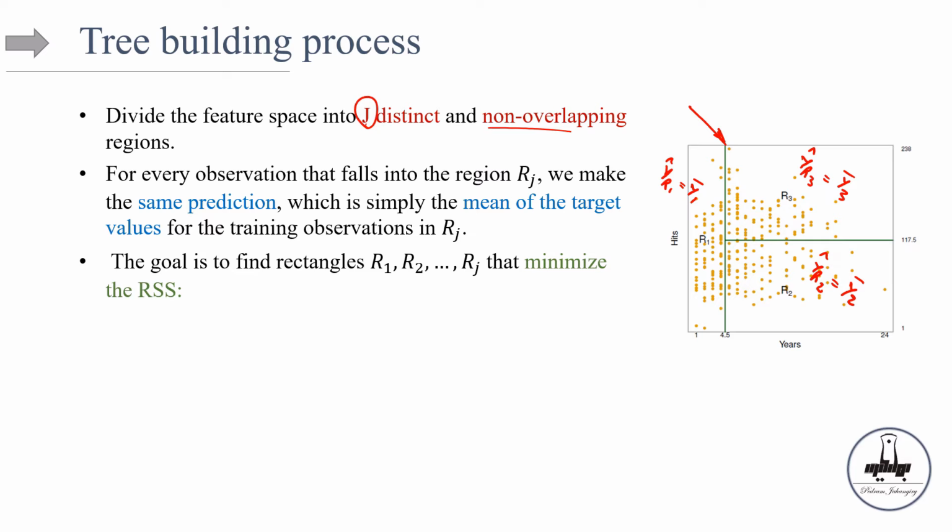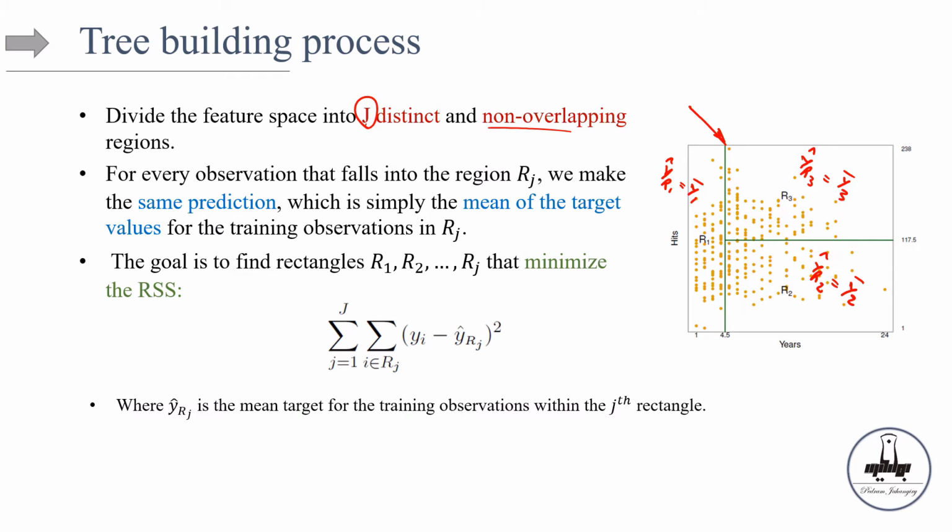The goal is to find the regions such that the RSS is minimized, right? The residual sum of squares. How do we calculate the residual sum of squares? In regression, it's very straightforward, right? Basically, find the residuals and square them, y minus y hats, right? So y minus y hats to the power of 2 for each region, and we sum over the regions, okay?